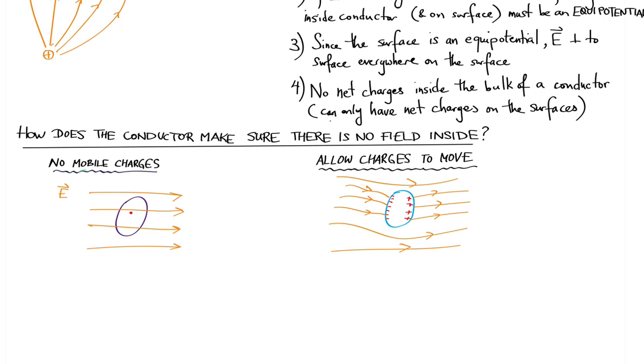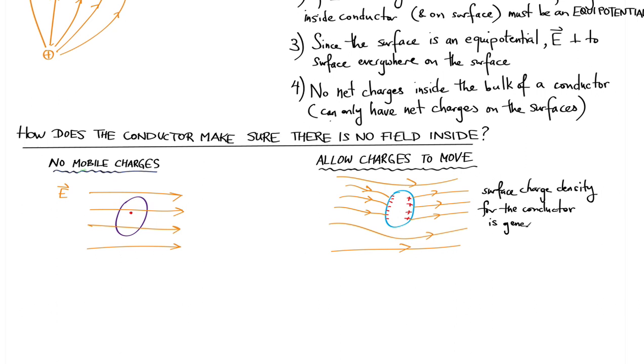Another important thing to remember is that when the electrons rearrange themselves on the surface, the charge density is in general non-uniform for an arbitrarily shaped object. If you have something like a sphere, it could be uniform, depending on what the external electric field is. But the surface charge density for the conductor, unless you have a highly symmetric situation, is generally non-uniform.